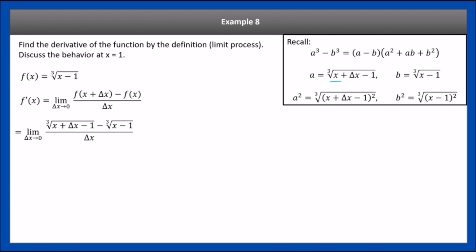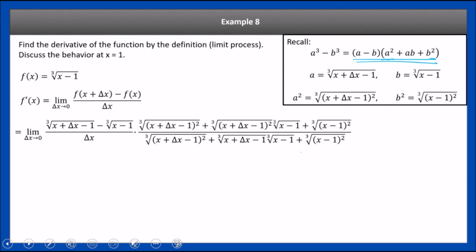So let's consider that a is the cube root of that and b is the cube root of this, the two that we have here and here. In this formula, a squared is just this part raised to the second power, which is what I got here, and b squared is this raised to the second power, which is what I got here. So we're going to plug this into the formula. We multiply by, this is a minus b.